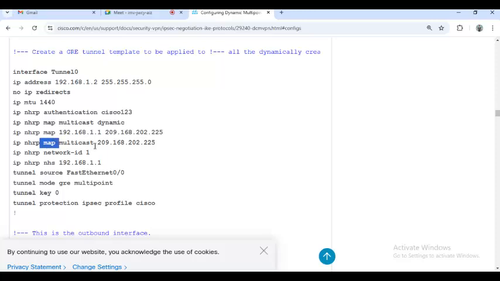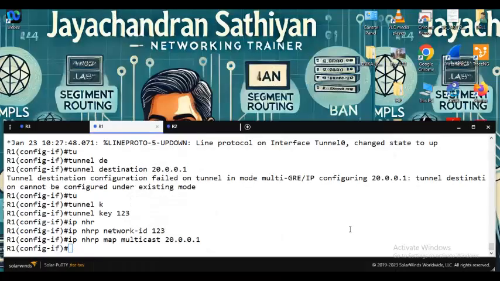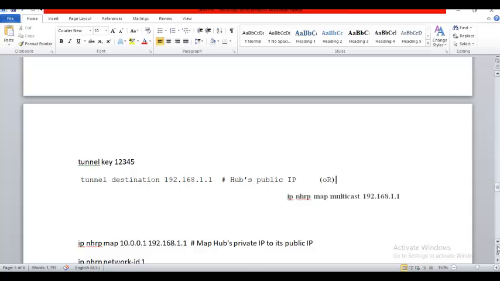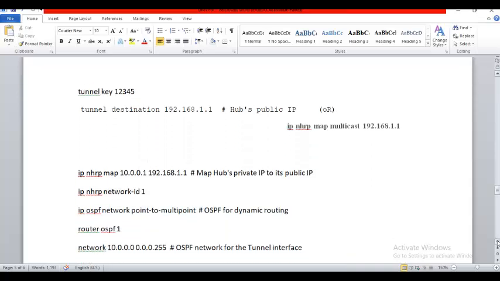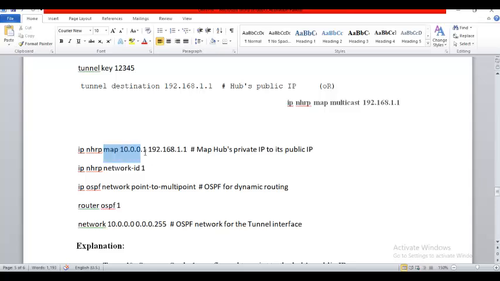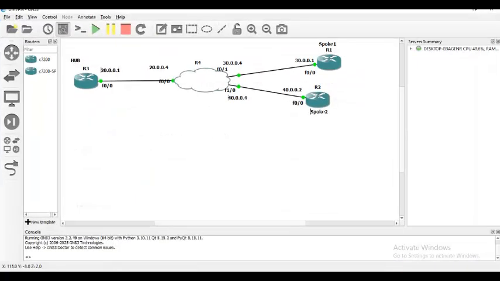You just have only one. Right. So you need to know the difference between the operating systems also. IP NHRP map, we give the private IP address. What is the IP address that we gave? 10.0.0.1. Oh, no, 3.